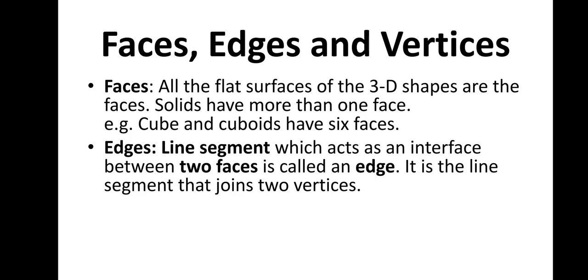Or we can say the polygonal regions forming a polyhedron. Polygonal regions and polyhedron are words which we will be discussing in the next slide or next lecture. In layman's language, all the flat surfaces of the 3D shapes are the faces.